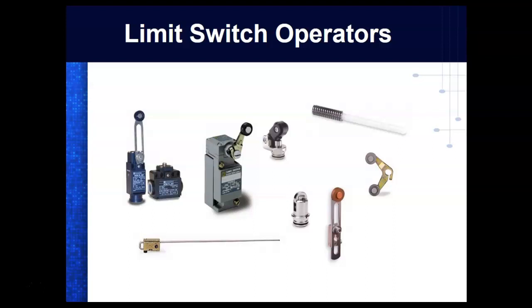What's an RTD? A resistance temperature device. So what determines the resistance of a wire? Number one is the material, two is the size, three is the length, and four is the temperature, this guy right here.